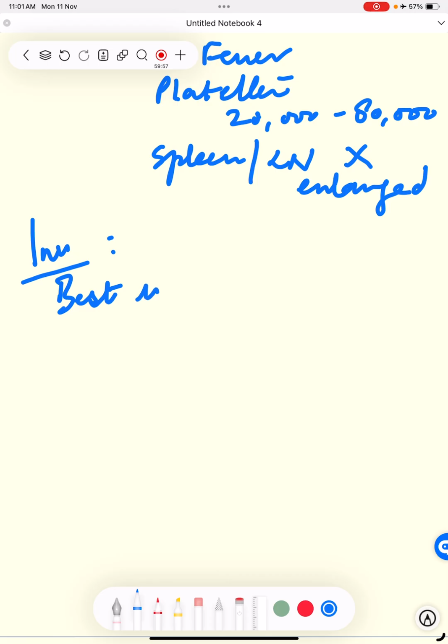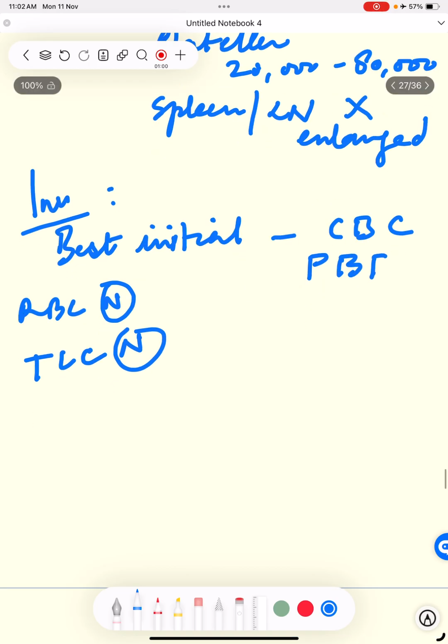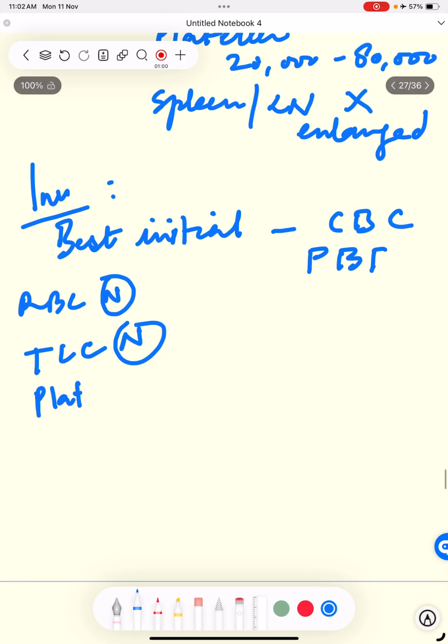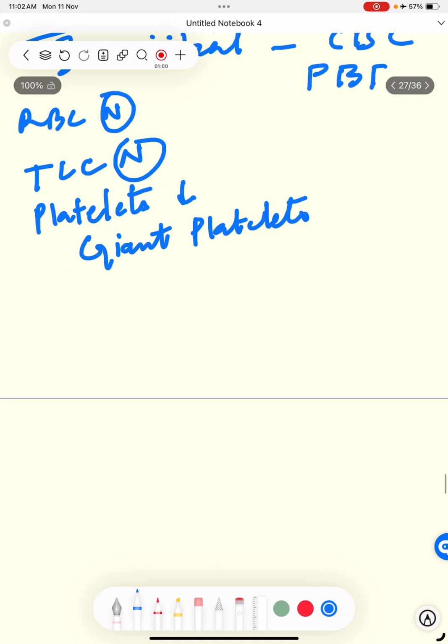The best initial investigation to be advised is CBC and peripheral blood film, where we will see that the RBCs will be normal, TLC will be normal, but thrombocytopenia will be evident, and we can see giant platelets on peripheral blood film.